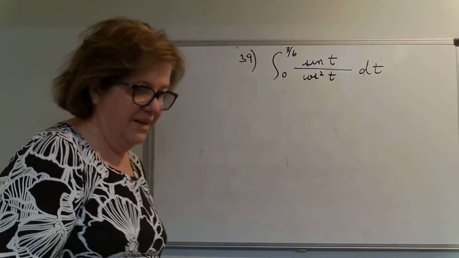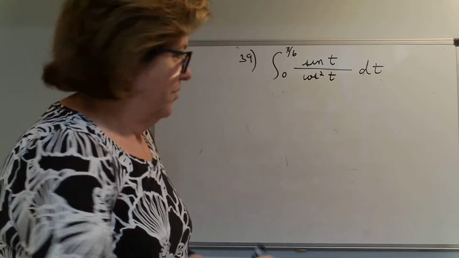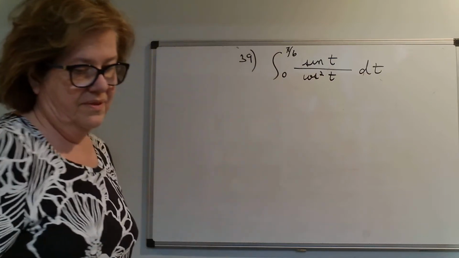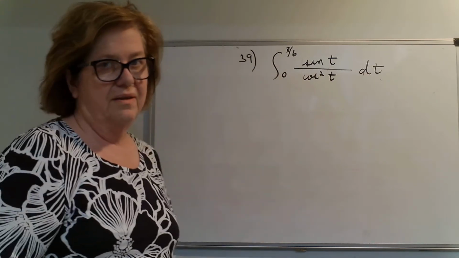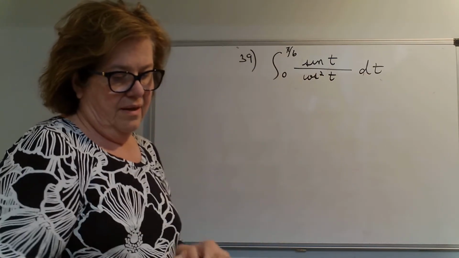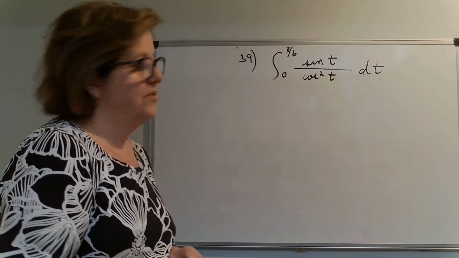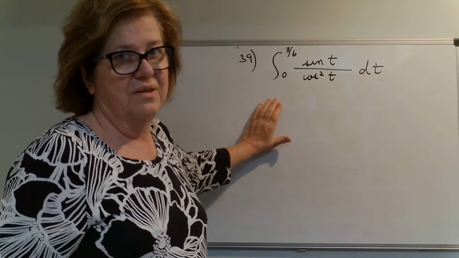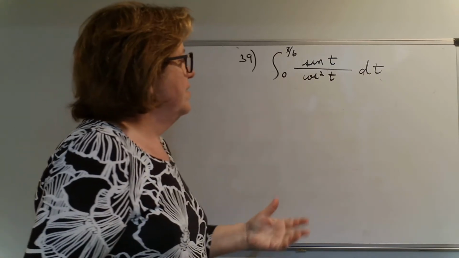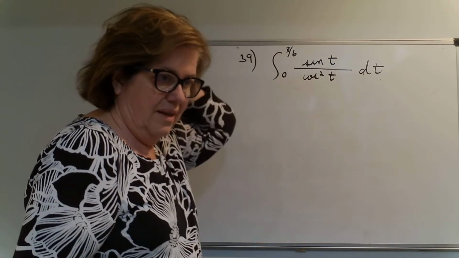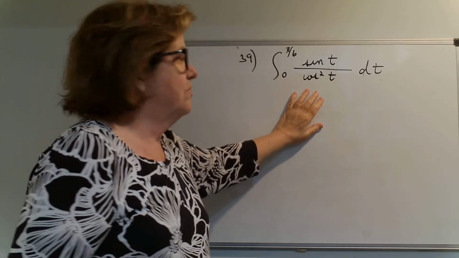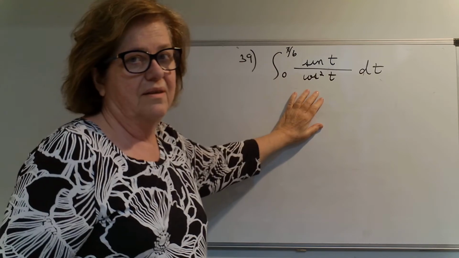Eventually, by the end of trig 2, you would have all kinds of techniques for handling trig integrals. The integrals I'm going to give you are going to work with substitution. So usually, you know that the derivative of the cosine is a negative sine and the derivative of the sine is the cosine.